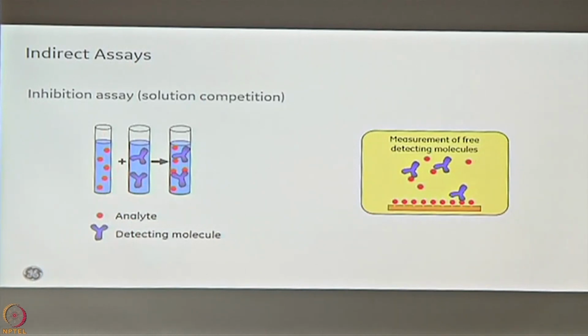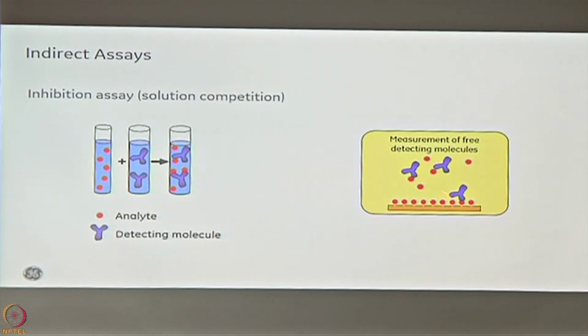The analyte is kept constant, with increasing concentration of detecting molecule, and you mix them. With increasing concentration of detecting molecule, you will have free detecting molecule in the solution.